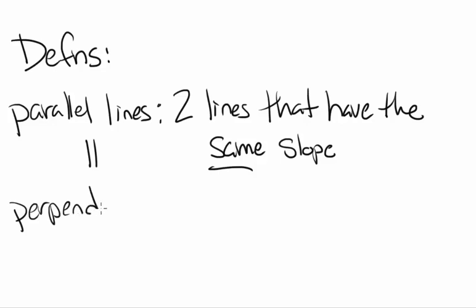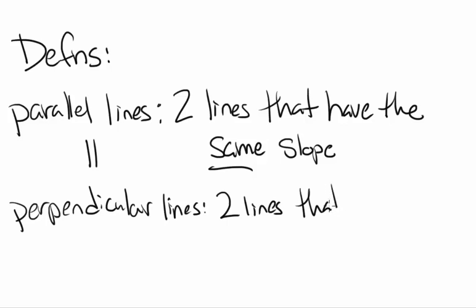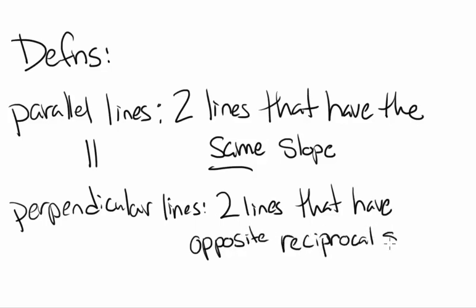Perpendicular lines will be 2 lines that have opposite reciprocal slopes. And the important part here is opposite reciprocal.